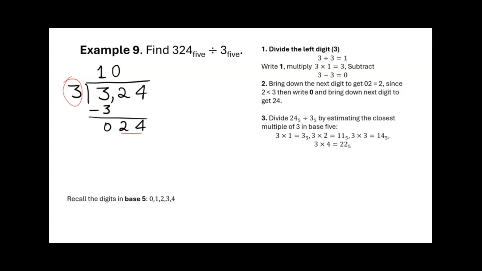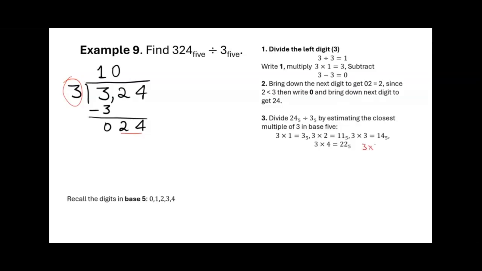Well, how would I know? We'll do all of the multiplications. 3 times 1 is just 3. 3 times 2 is 6, but in base 5, that is 11. 3 times 3 is 9, and in base 5 that is 14. 3 times 4 is 12, and in base 5, that is 22, and that's already pretty close.